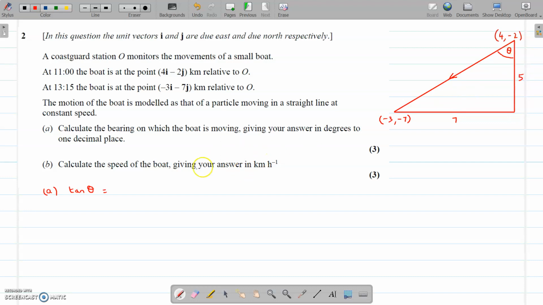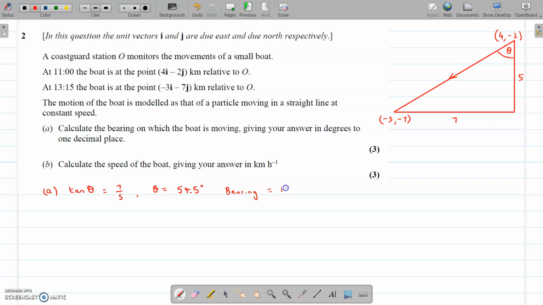Okay, so tan theta is 7/5. And if you put that in the calculator, that gives you that theta is 54.5 degrees, to 1 decimal place. That's the actual angle, and therefore the bearing is going to be that number plus the 180 degrees that takes you from north to south.